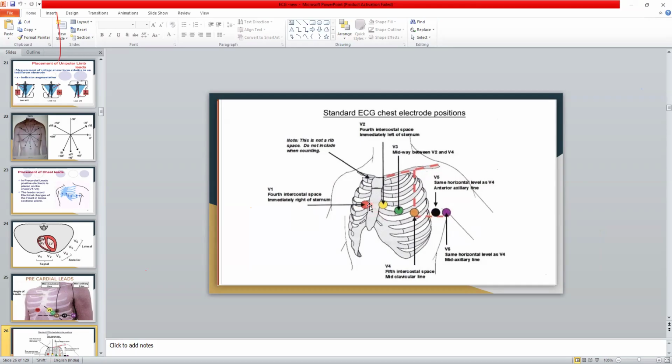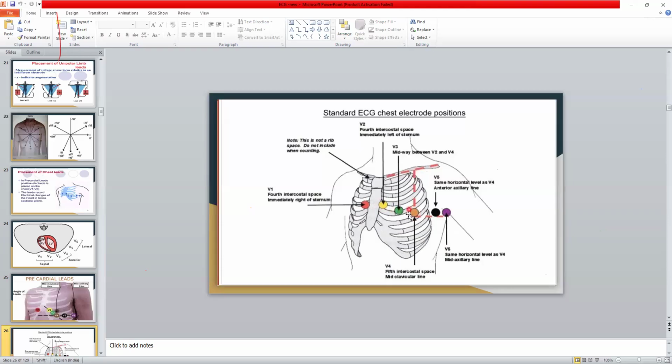The V1 electrode should be placed in the 4th right intercostal space, immediately right to the sternum, and the V2 electrode should be placed in the 4th intercostal space, immediately left to the sternum. The V3 electrode should be placed between V2 and V4.